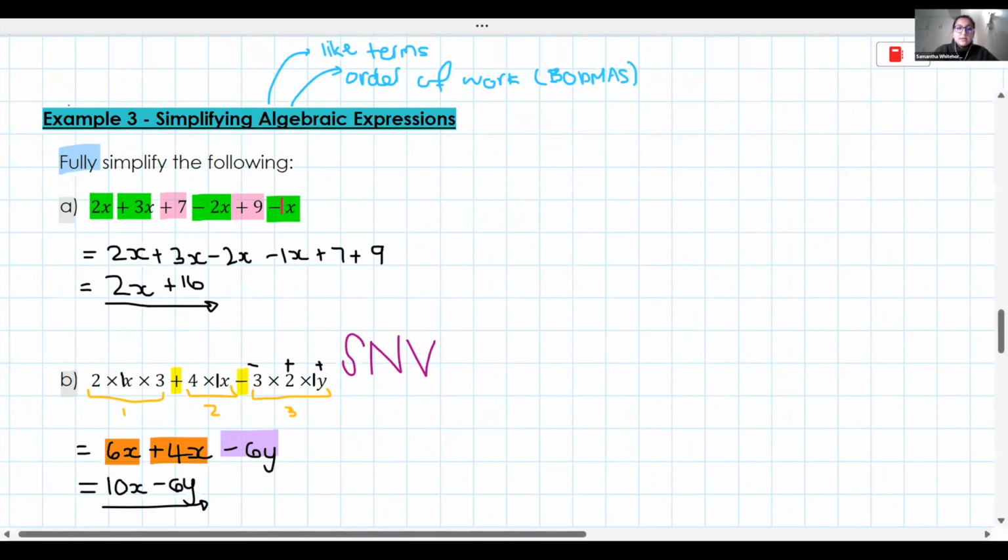So guys, for the second one, what we want to do is we want to identify our terms. Then we want to simplify each term.